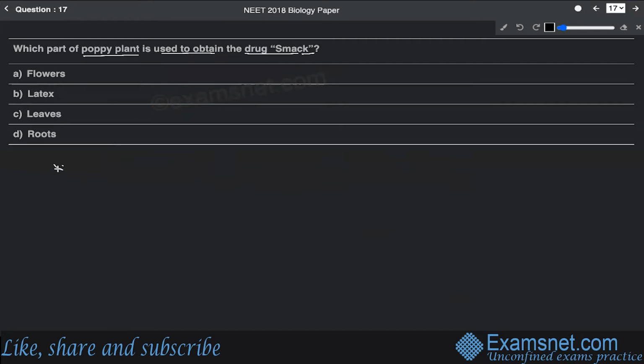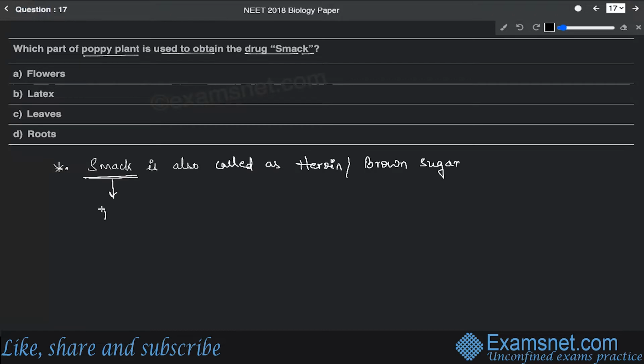All right. And let me tell you that smack is also called heroin or brown sugar. And this is basically formed by the process of acetylation of morphine.